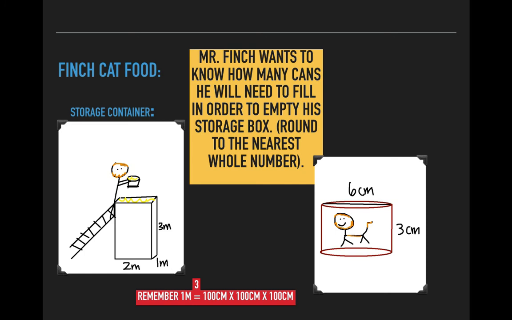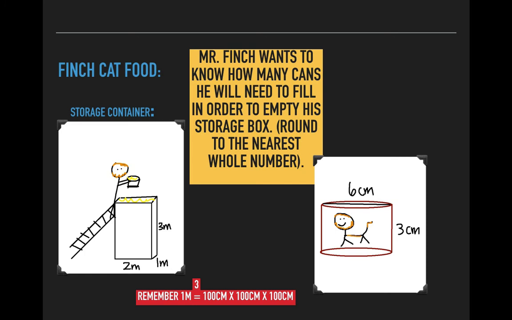Really quickly, this is a two-parter. The first part of the question is finding the volume of the rectangular prism. We know volume is calculated as base area times height. In this case, we have 2 meters, 1 meter, 3 meters. 2 times 1 is 2, times 3 is 6. So we get 6 meters cubed.